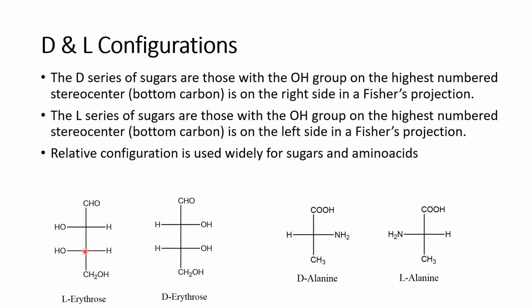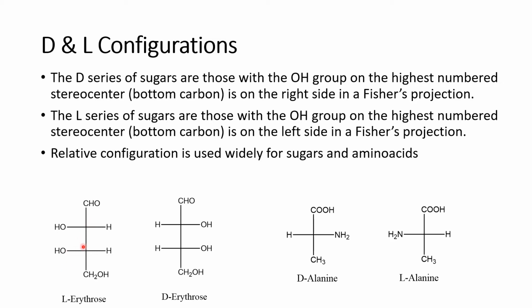Therefore, on this carbon, if the functional group, it may be an OH, an NH2, an SH, whatever it may be, is present on the left side, then the molecule is denoted as L. Okay, this is especially useful for sugars.